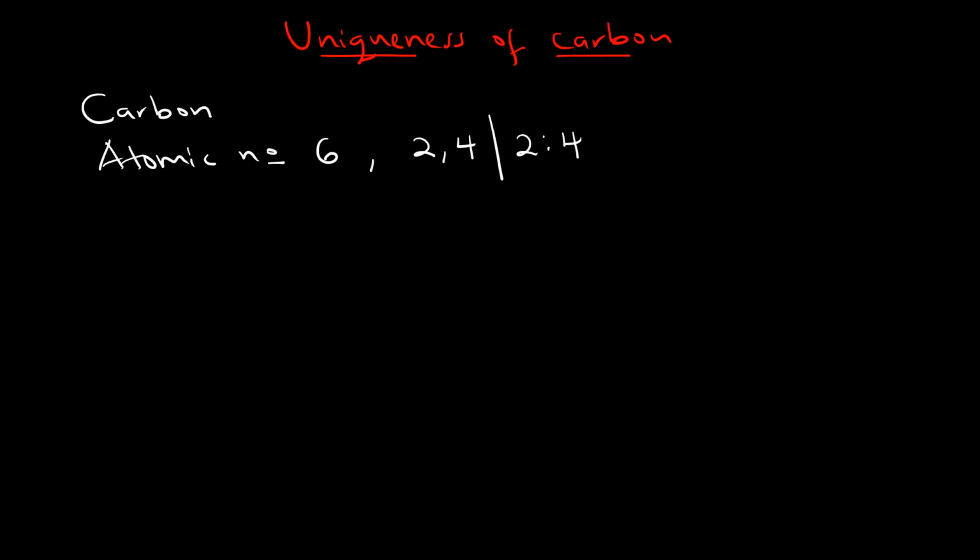So when you look at this atomic number 6 giving us electronic configuration of 2, 4, we shall realize that carbon has 4 electrons in the outermost energy level. These 4 electrons in the outermost energy level.